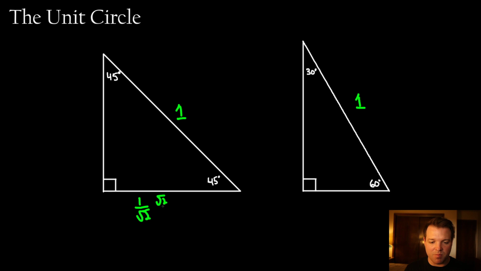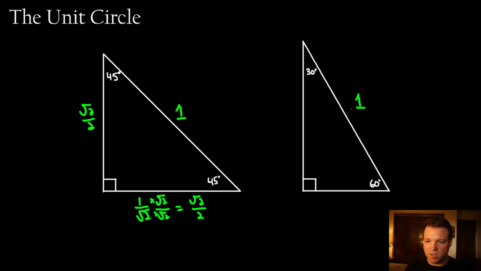So I'm going to multiply top and bottom by root 2. And when I multiply these, I get the square root of 2 over the square root of 4, which is 2. All right, and so the length of the short side is going to be root 2 over 2. And you just saw those values just prior, right? So that's how we're going to come up with these.